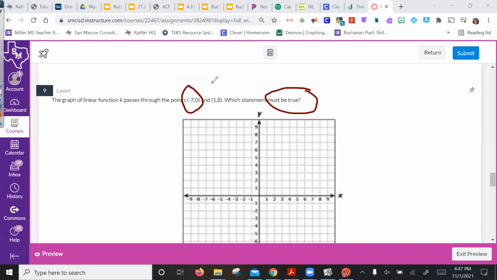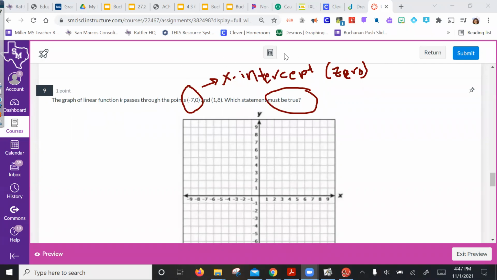Because we have a 0, this is our x-intercept. Our x-intercept is also known as a 0. It's interchangeable. And that's at negative 7.